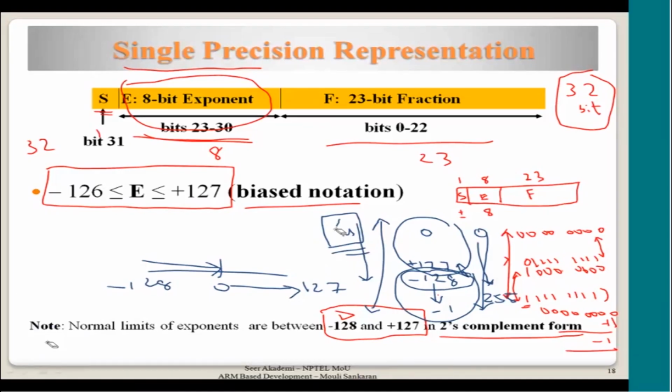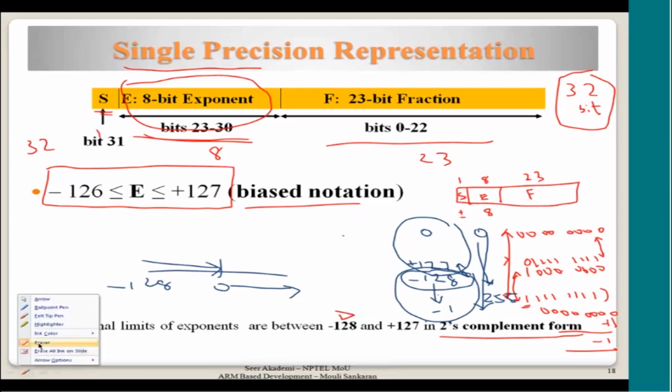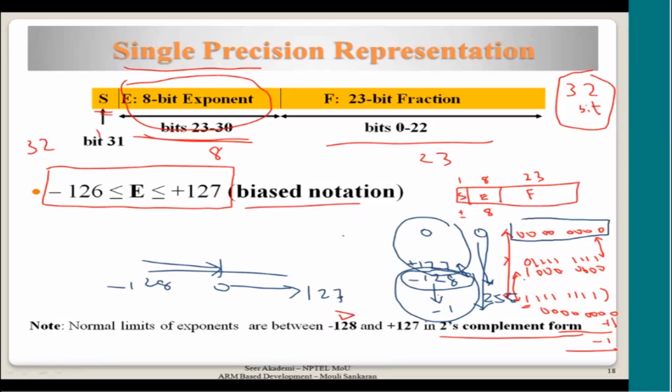I will show you. Now one more thing: what they did was they took away two numbers from this for some special purpose. That means 0 and all ones are taken away in the exponent. For a moment, assume they are not used for typical exponent notation.